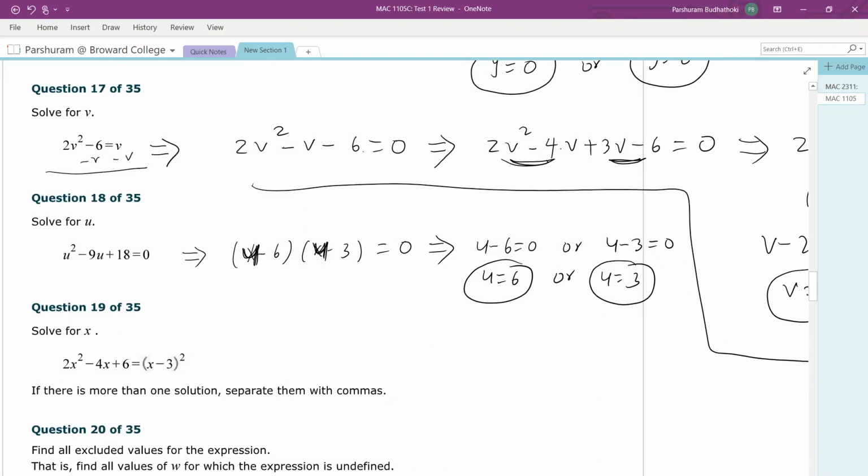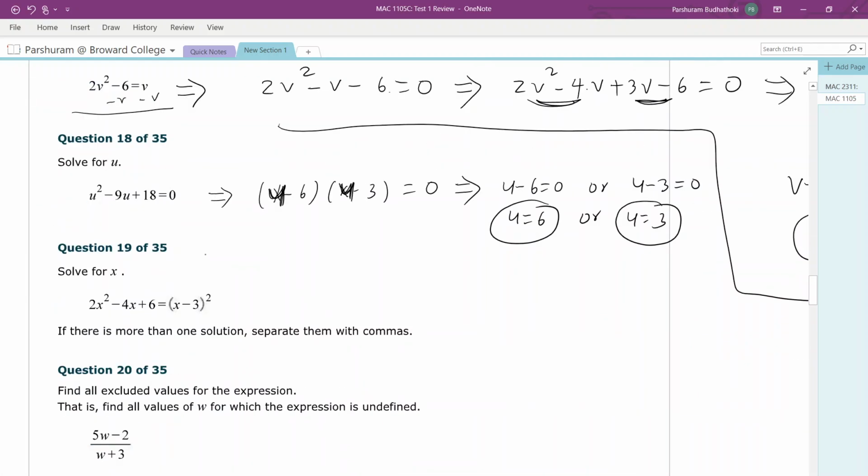Now for problem 19, we need to change this problem into a problem like problem 18, and for that we have to expand this x minus 3 squared on the right side. On the left side we have 2x squared minus 4x plus 6, and on the right side there's x minus 3 squared.